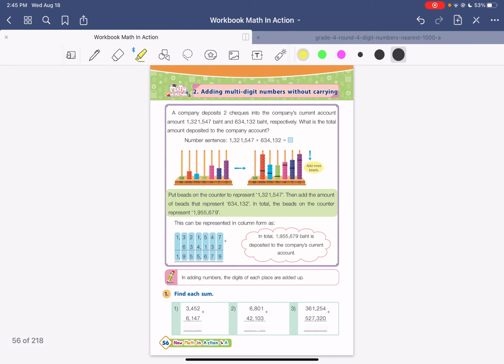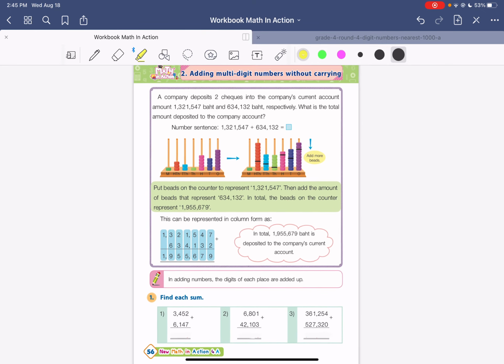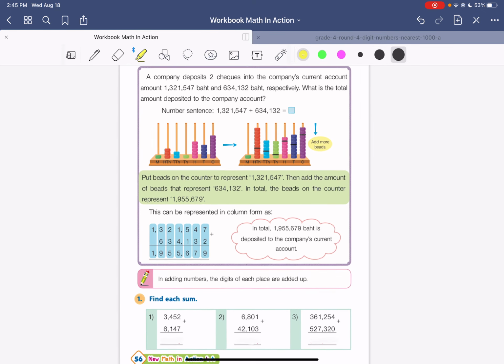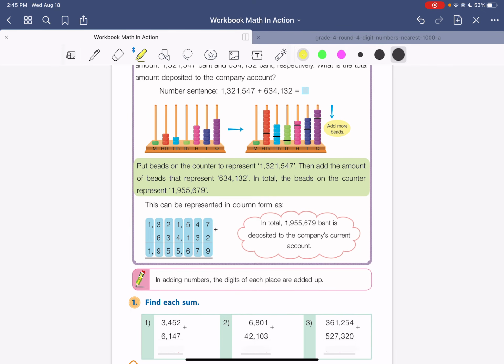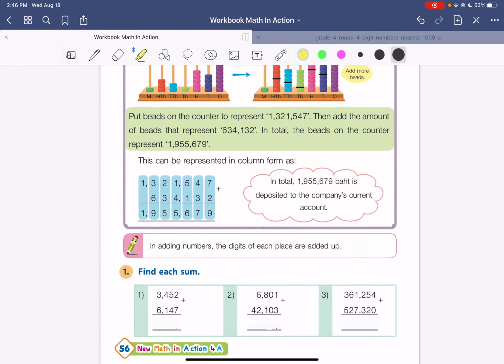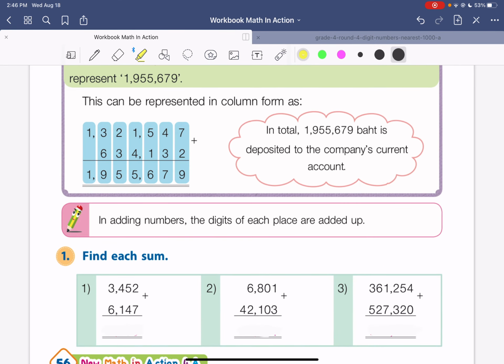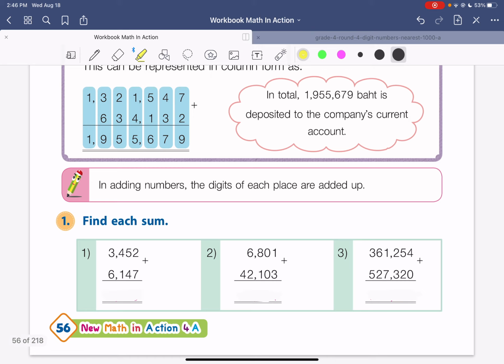All right, so we're going to add multiple digits without carrying, right? So we don't need to carry, which means we're just going to add things up, okay?